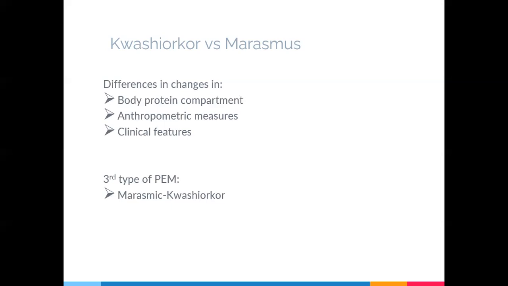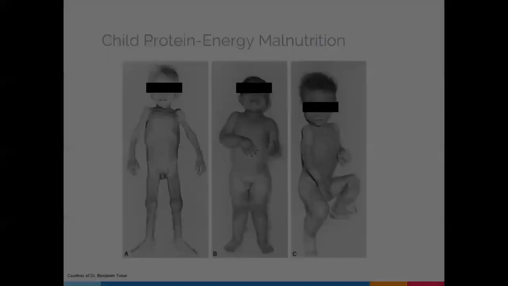So more on kumbaga kaning marasmic kwashiorkor nato mas dugay iyahang term compared sa marasmus. Okay, so inana ang difference sa dietary intake. Okay, so kwashiorkor proteins only na ang lack, and marasmus is total lack of food. Okay.